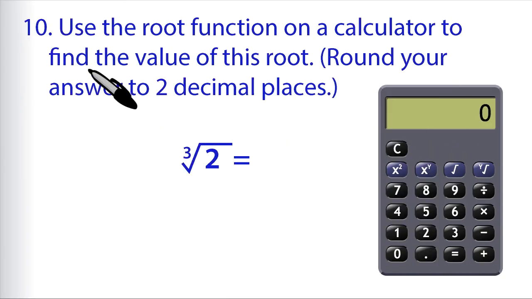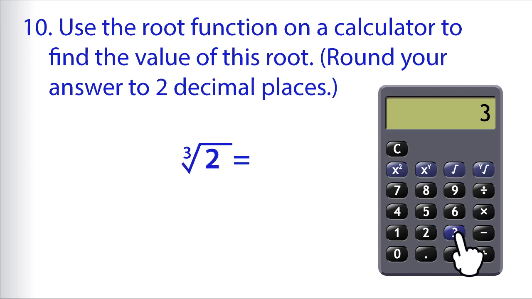For problem 10, we have use the root function on a calculator to find the value of this root. Round your answer to 2 decimal places. And here we need to find the cube root of 2. So you'll need a calculator that has a button that lets you find out roots for whatever power you want. All right, so first we type in the number that we want the root of, so 2, and then our root button, and then we type in what power of root, like do we want a third root, a fourth root, or what?